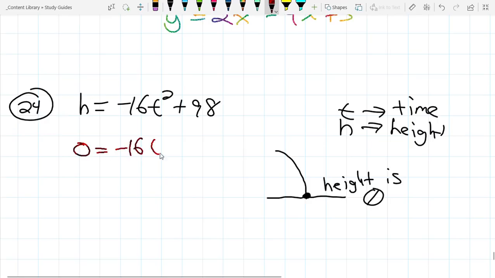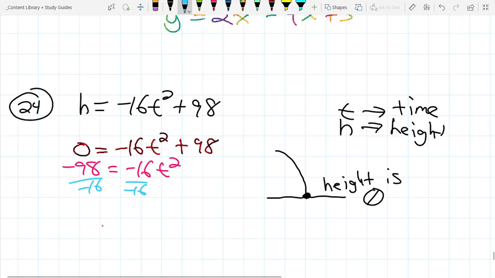0 equals negative 16t squared plus 98. Since it's just t squared, we just do basic game of opposites. We subtract 98 from both sides. We then divide both sides by negative 16. And 98 divided by negative 16, this is where you'll need a calculator, is 6.125.